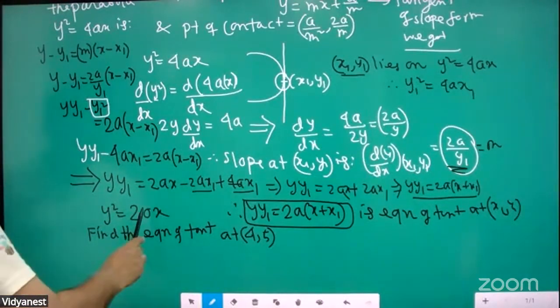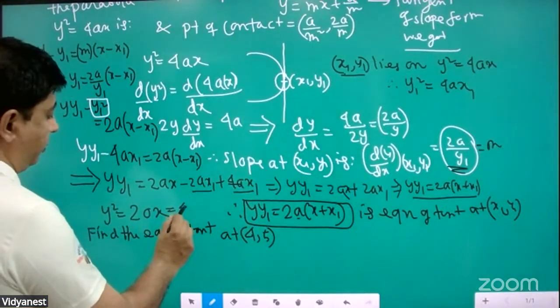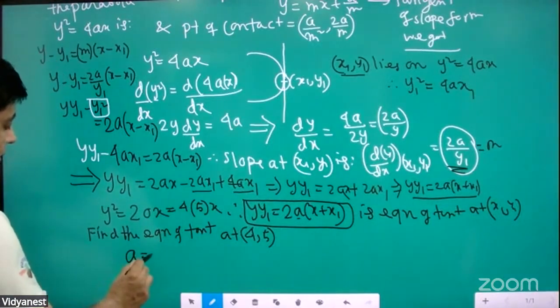What is that? Here a is what? If you compare 4a = 20, a is 5.